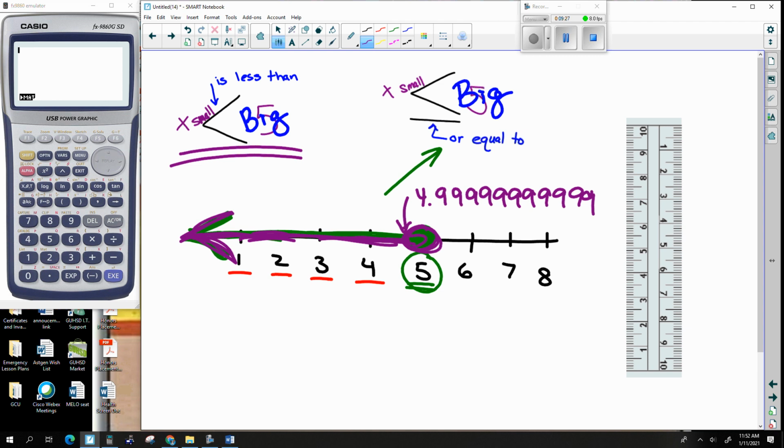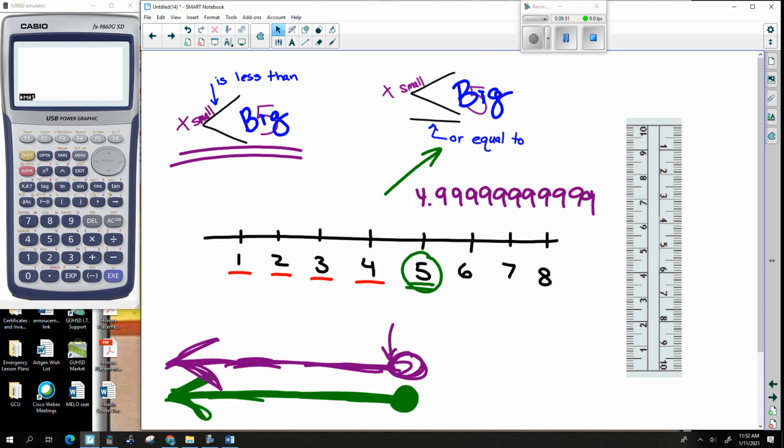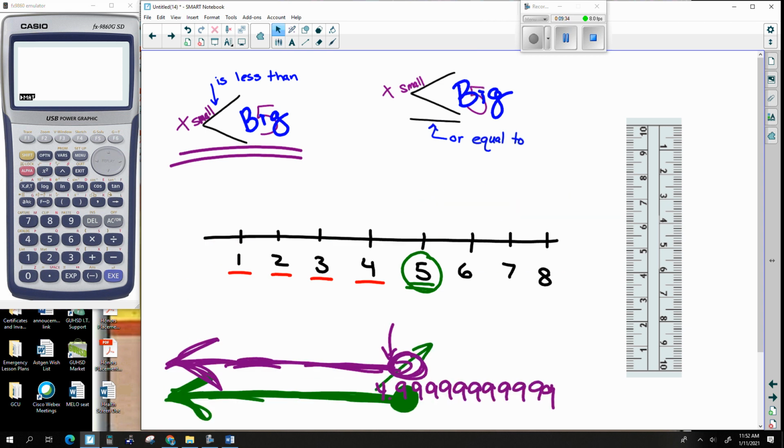And how do you describe these differences as far as pictures are concerned? Okay, as far as pictures are concerned, whether it be a graph or something like that, if it's this or equal to, it'll be a filled in dot. And so this is how you would graph it. This would be is less than or equal to that 5.